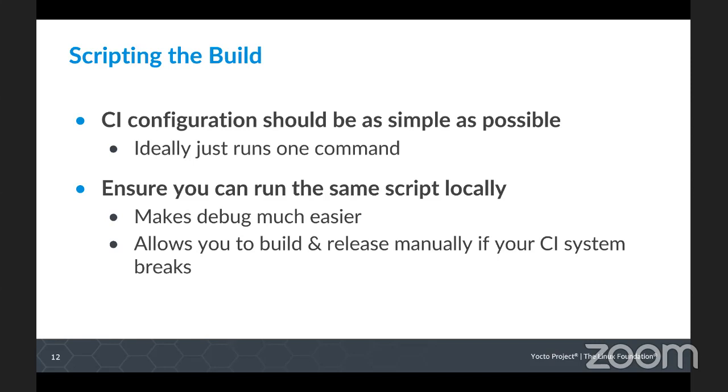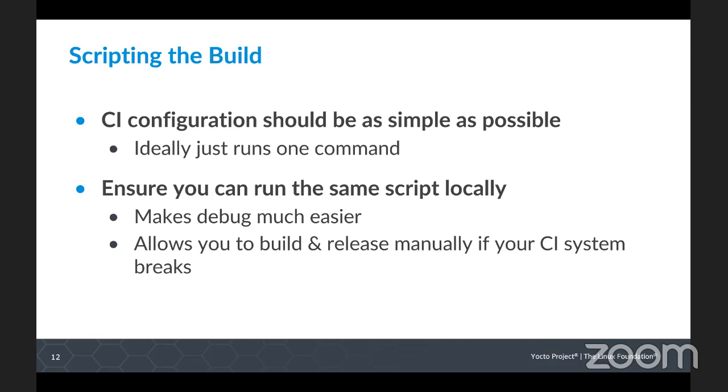Sometimes that's not possible. Sometimes you do need a few more steps in the CI system that you can't just put into a shell script. But the idea here is it allows you to continue working if there is a problem with the CI system.